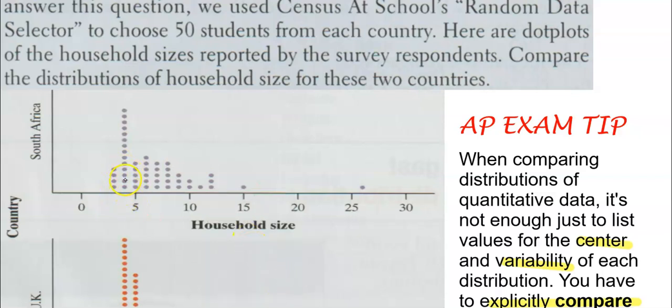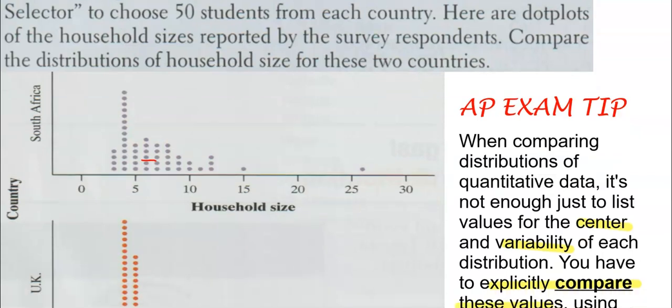Now, 50 people, right? We did 50, not 20. So counting up to 25, 1, 2, 3, 4, 5, 6, 7, 8, 9, 10, 11, 12, all the way to 25. So 25 and a half, the position, there's my median.